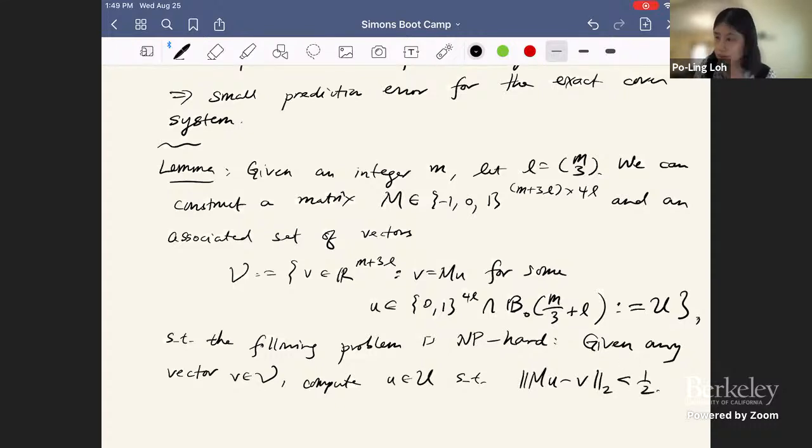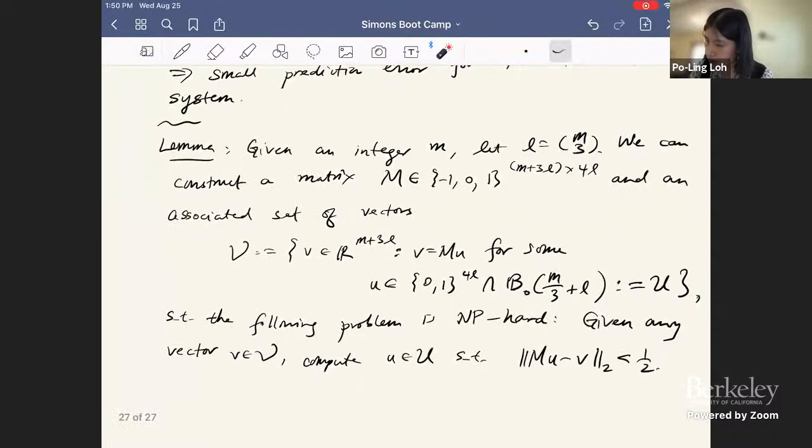So this is the linear algebraic problem: if we can solve this to the desired accuracy, which ends up being 1/2, then what can be extracted from this is a solution to the exact cover problem. I won't go through the details of this. The point is that the same matrix M works regardless of the set cover problem.